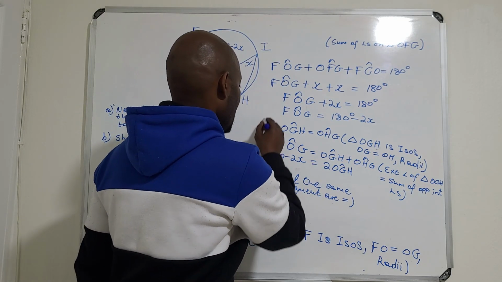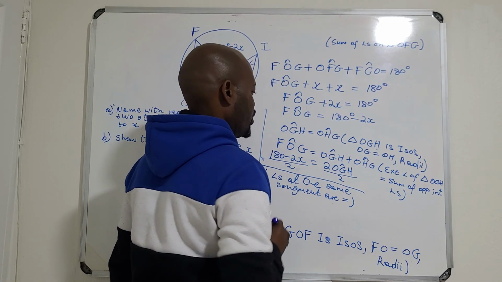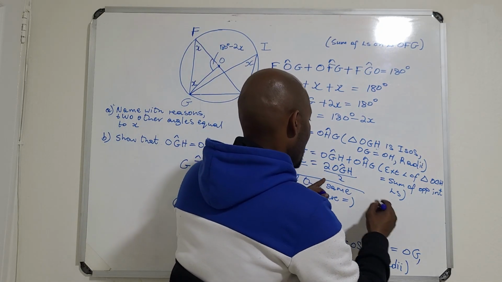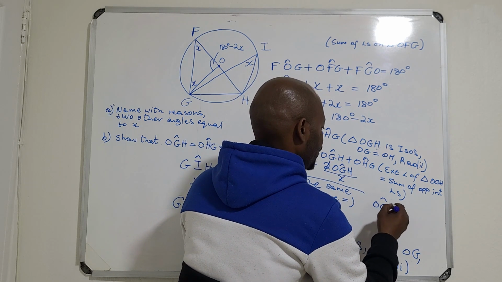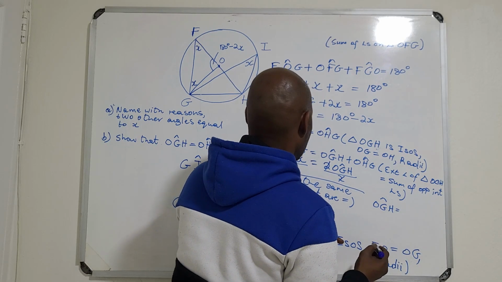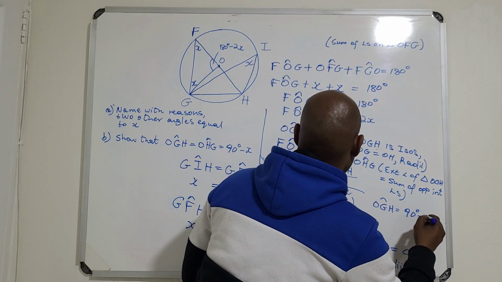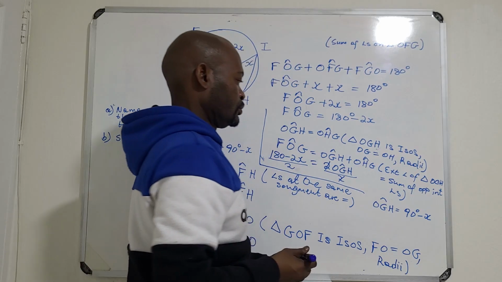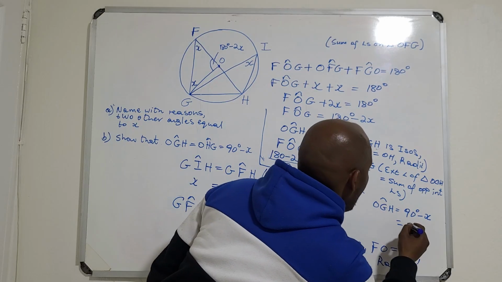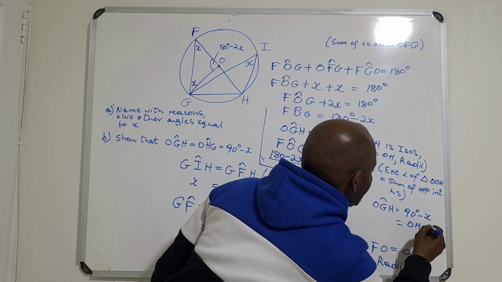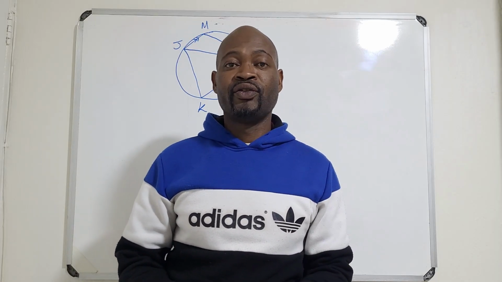Therefore, we can divide by 2 here, where this cancels with that. Angle OGH is equal to 90 degrees minus x, which is also equal to angle OHG.